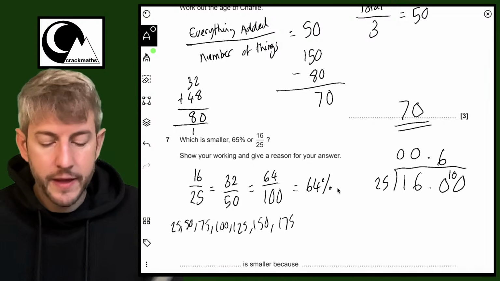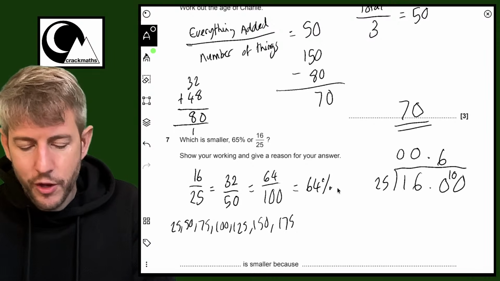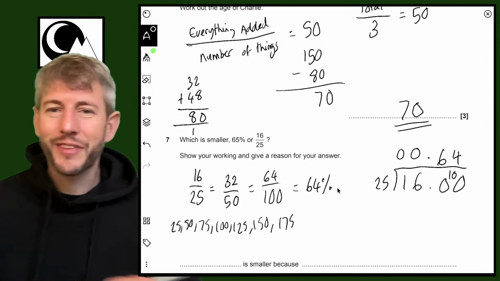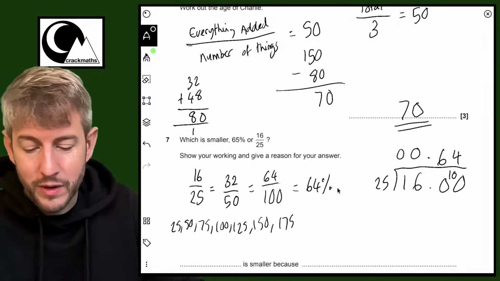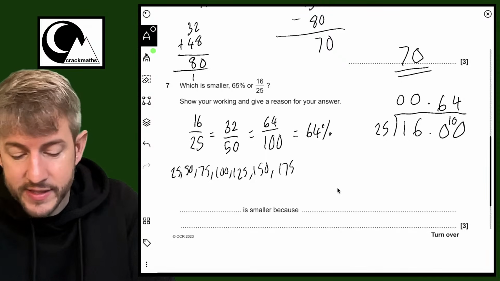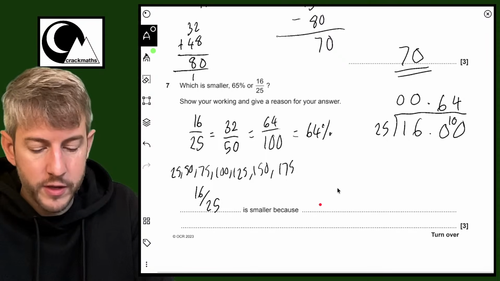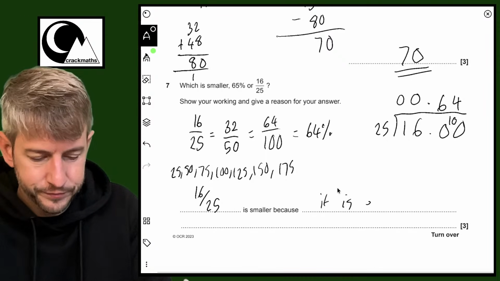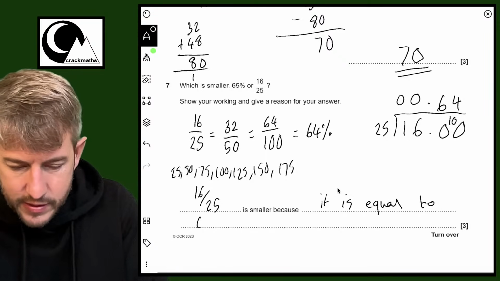So I'll put a 10 here, and then we can see we've got 25s into 100, which goes 4 times. Okay, great. Right, we need to write our definition here. So we will say 16 over 25 is smaller because it is equal to 64%.